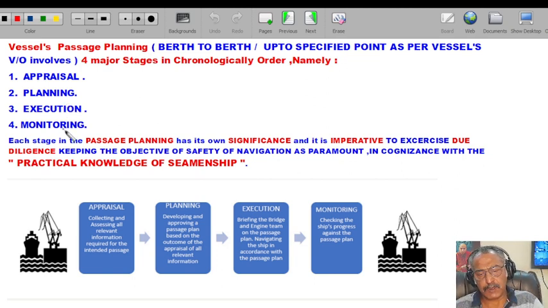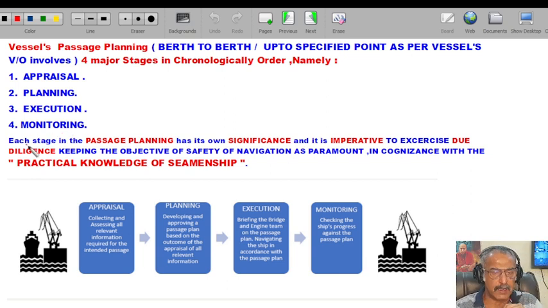Now, by and large, what I've come across after being a sailing master for almost 23 odd years and serving at sea for more than 4 decades is that somewhere down the line, when we talk about passage planning or lots of other navigational aspects or even the cargo aspects, the practical knowledge of seamanship is, for some reason or the other, and I'm making this statement without prejudice, becoming null and void or getting devoid as far as our mariners are concerned, maybe because of over-reliance on a lot of other aspects, which we'll see as we go down the road.